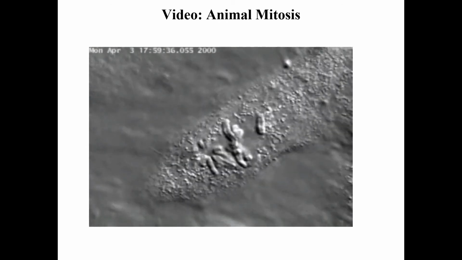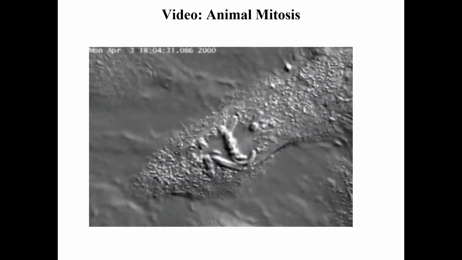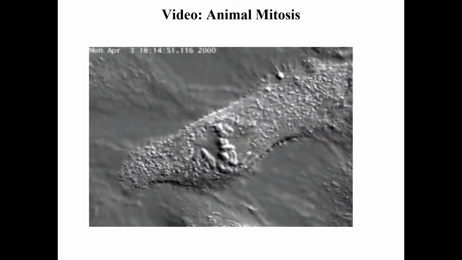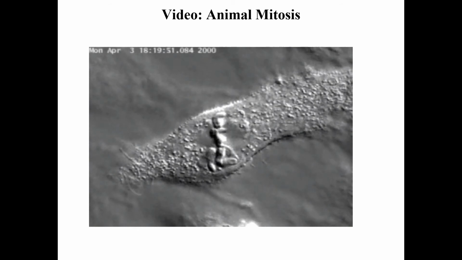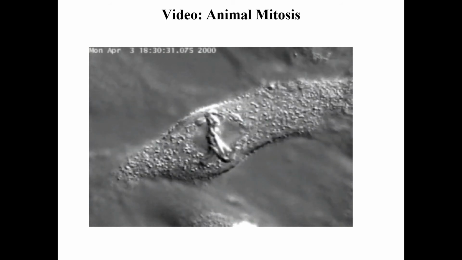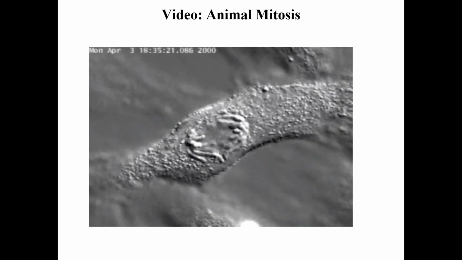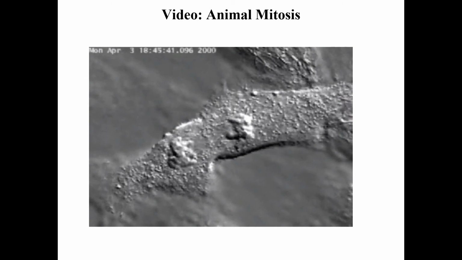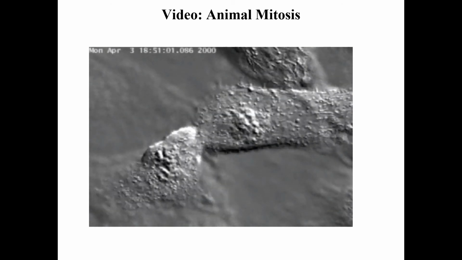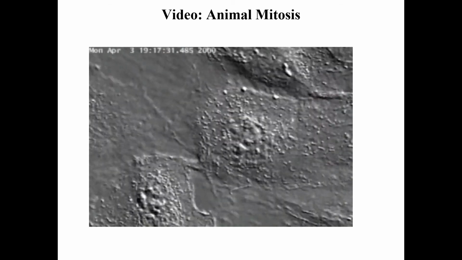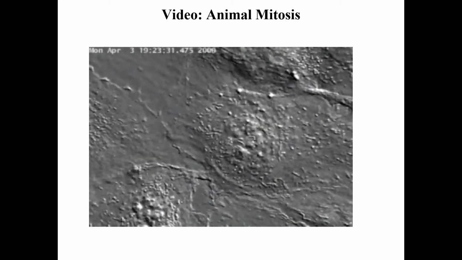They're being organized towards the center of the cell, so they all line up. Now they separate. Now your sister chromosomes are separated, they're now individual chromosomes, and now you have two independent daughter cells that are identical to the parent.